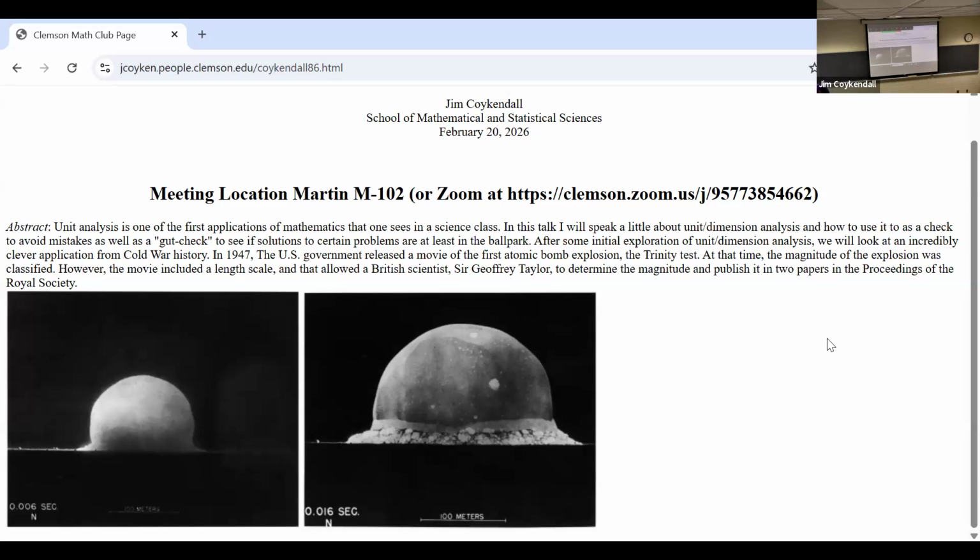So before we do that, let's do some basics about unit analysis itself. You have some equations. Equations are the bread and butter of the mathematical sciences, physics, right?